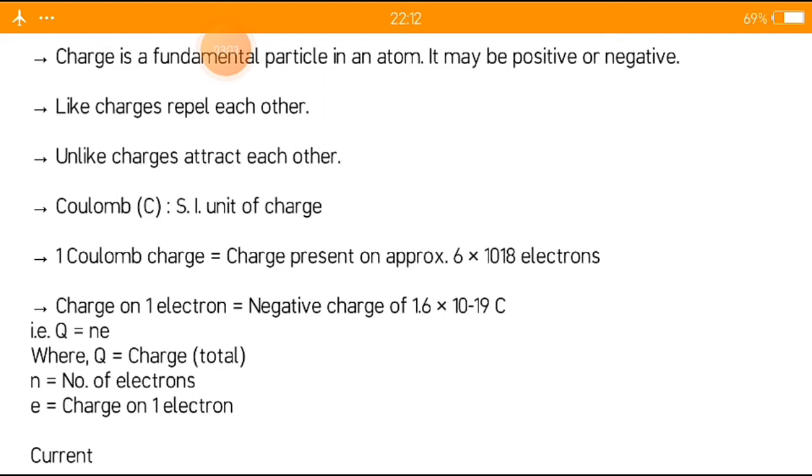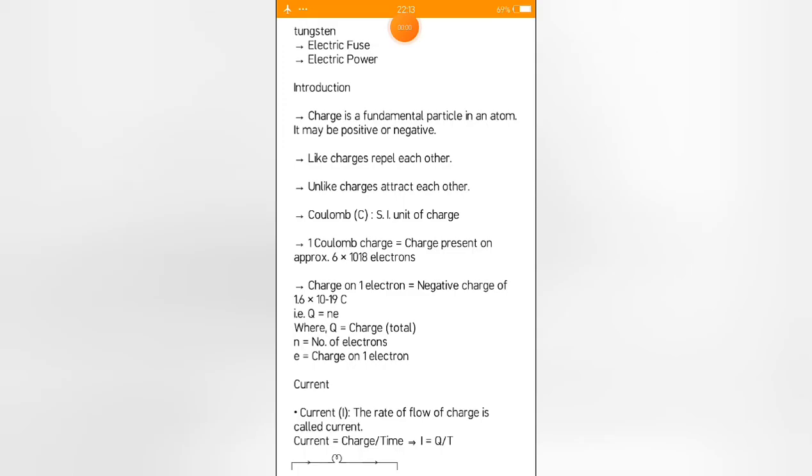So the charge on one electron is negative, 1.6 into 10 raised to minus 19 coulomb.